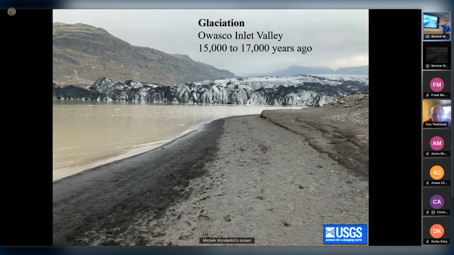And this is what we call ice contact sand and gravel. And this is potentially your aquifer or permeable material along the side of the valley that can move downward and supply a confined aquifer. Okay.